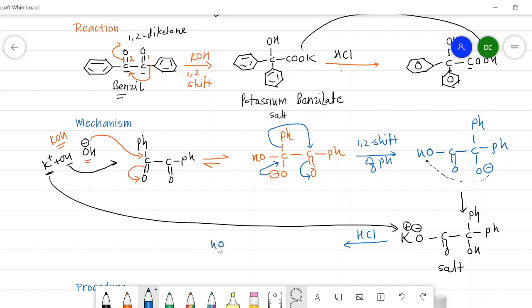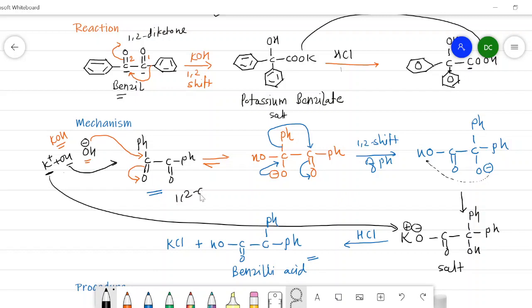So we will get here OH, then C double bond O, C, then a Ph, and here a Ph. It is called benzilic acid, and the remaining will be KCl, potassium chloride. In this way, benzil is converted into benzilic acid. Now, look at the structure of benzil.